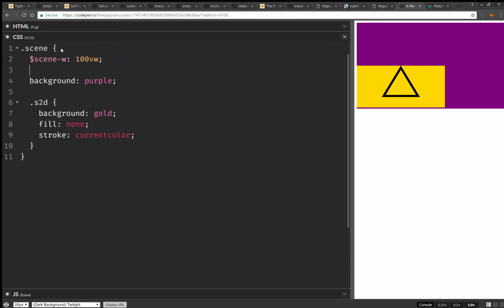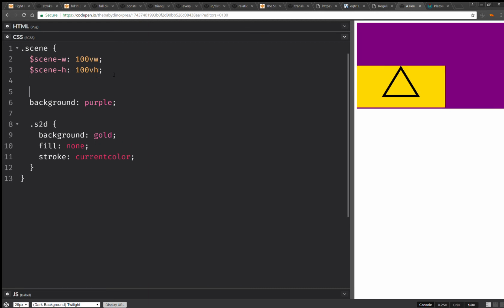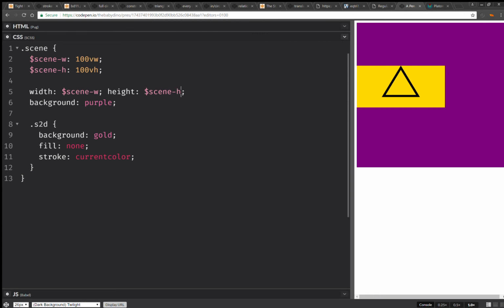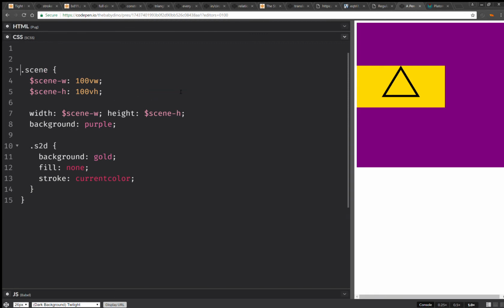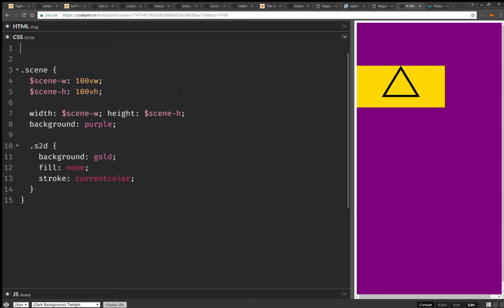So now we're going to set some dimensions, actual dimensions. And one more thing, to get rid of the scroll bars, we're going to do margin 0.